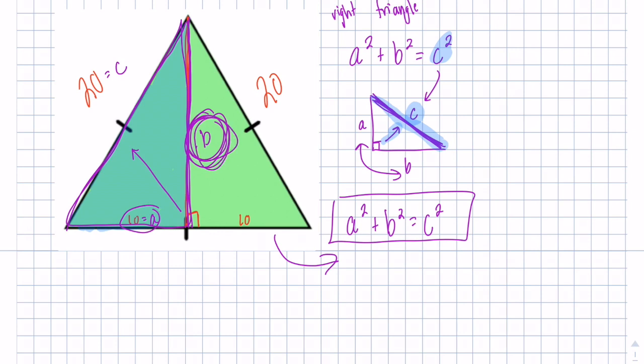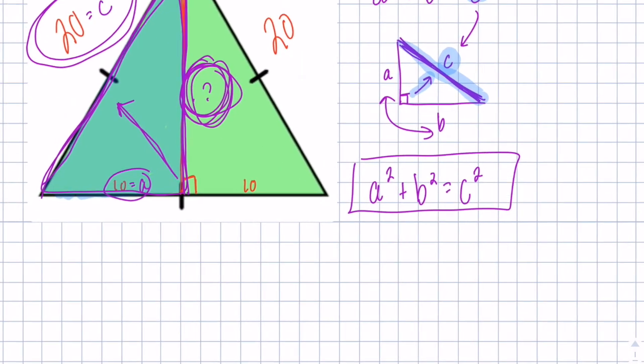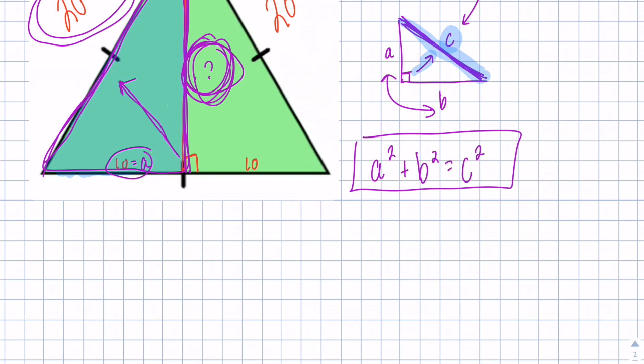So let's call C the largest one. We know that C has to be the side length in a right triangle that is across from the right angle, the longest length of that triangle. Okay, so instead of writing C, we'll write 20.